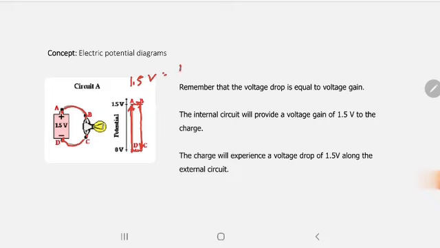That means 1 coulomb of charge will have 1.5 joules of energy, and so on. So in the internal circuit, there is a voltage gain or energy gain equal to 1.5. And then in the external circuit here, there's a voltage drop, an energy loss.